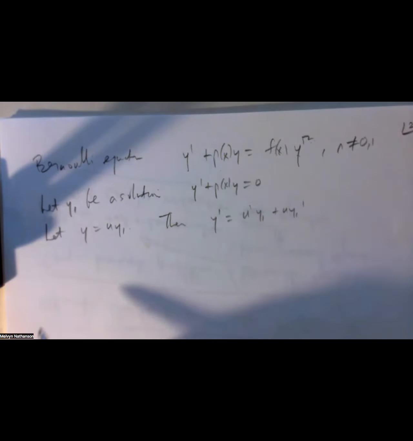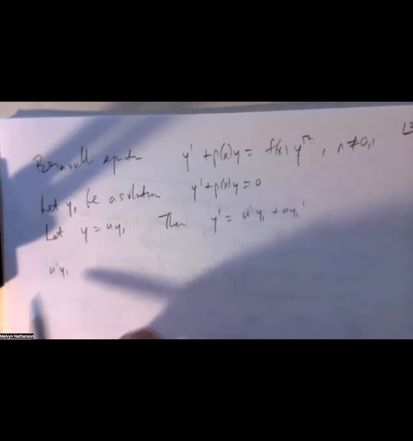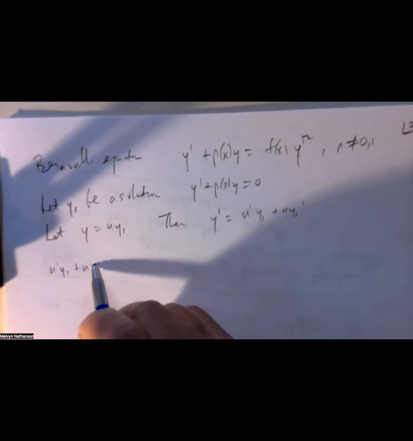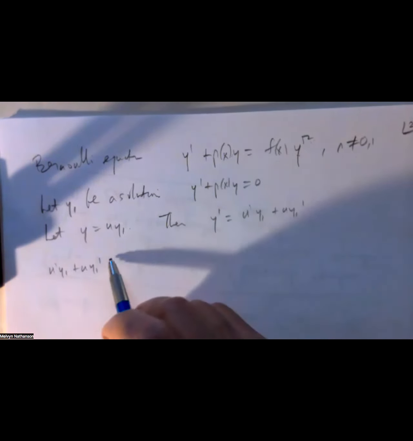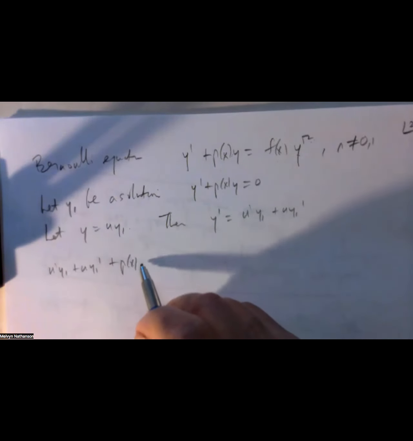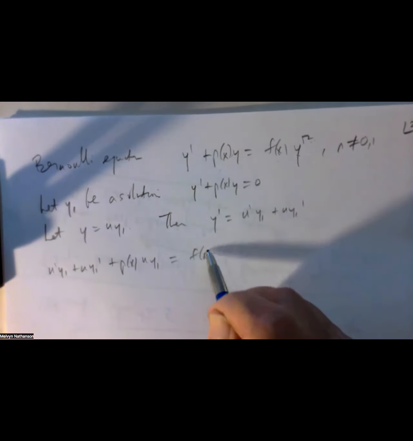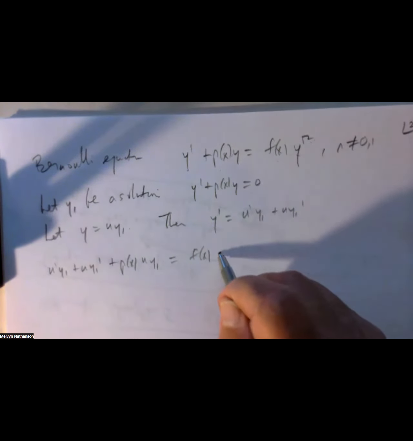And if we plug into our equation, what we get is u prime y1 plus u y1 prime, plus p of x times u y1, equals f of x times u y1 to the r.